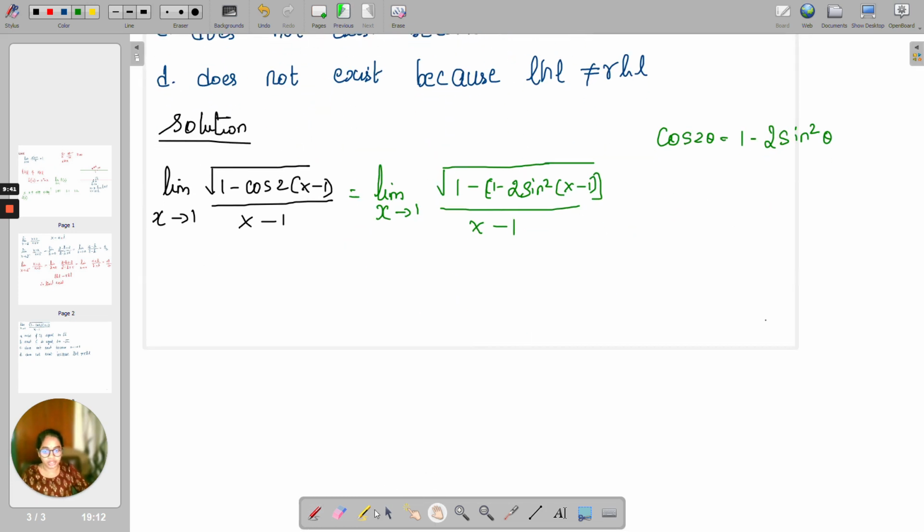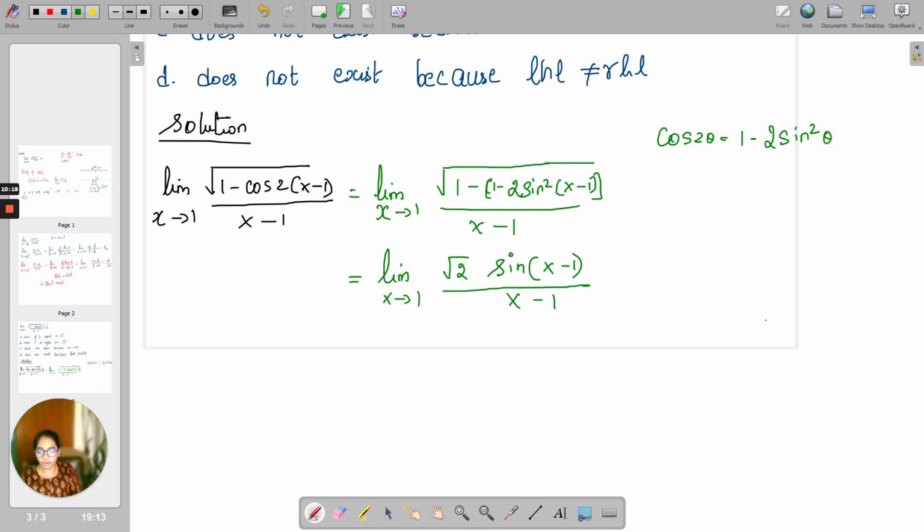So now if I multiply the minus, I would get 1 minus 1, which cancels out, and then minus into minus is plus, right? So I would get limit x tending to 1, square root of 2, and we have square root of sine square, which is nothing but sine of x minus 1 divided by x minus 1.